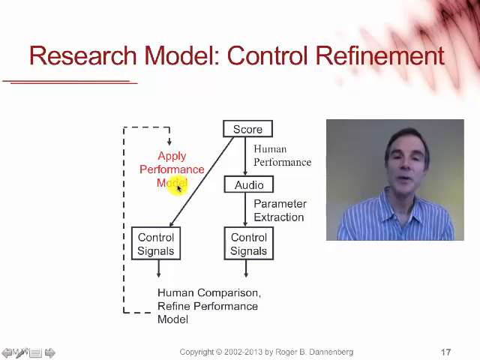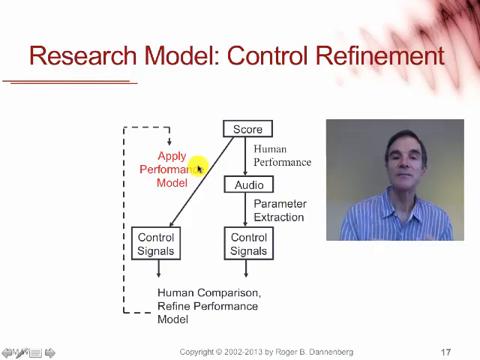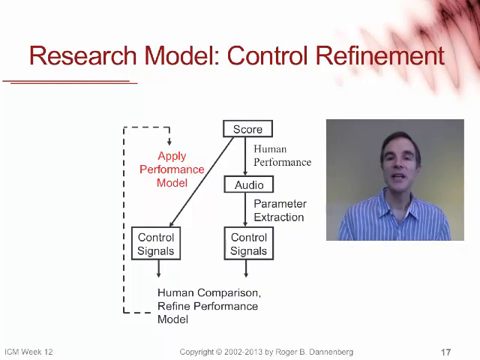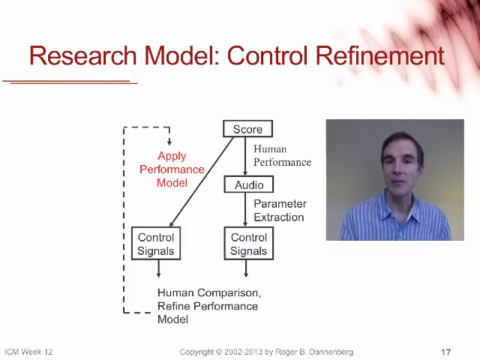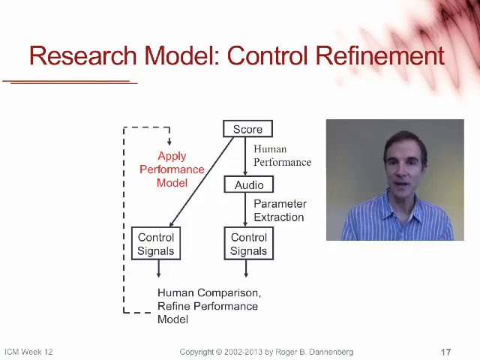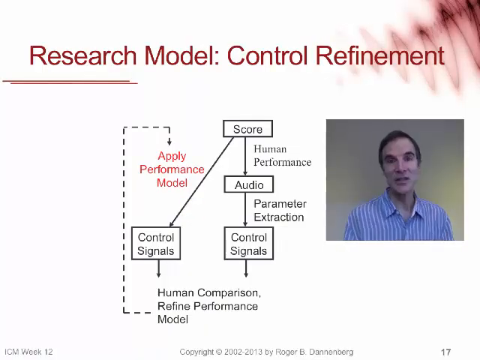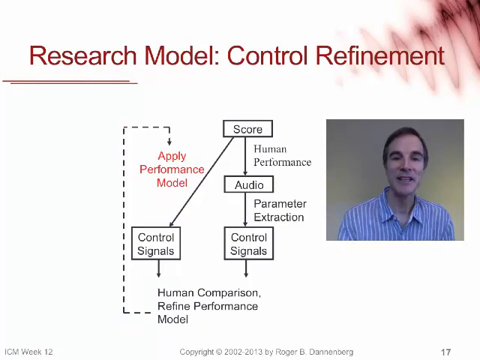So then we build a performance model. So this is going to be something computational that can take the information in the score and produce frequency envelopes and amplitude envelopes that we hope will sound realistic when they are used to drive our instrument model, which we know is good because we did that on the previous slide and perfected it.